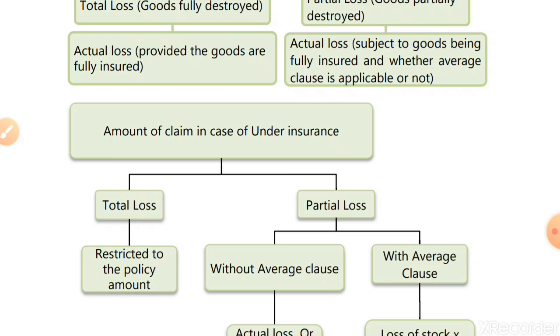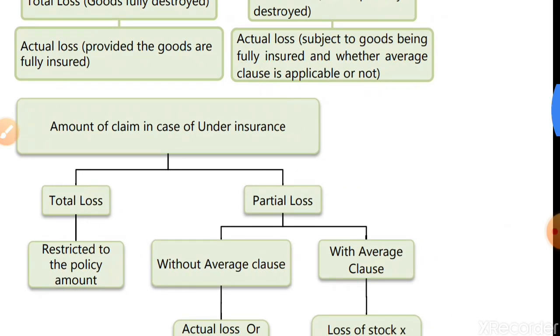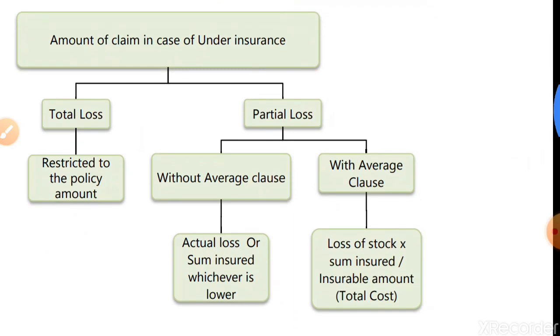Suppose it is a partial loss, without average clause or with average clause applicability, we need to see. So without average clause, it is actual loss or sum insured, whichever is lower.